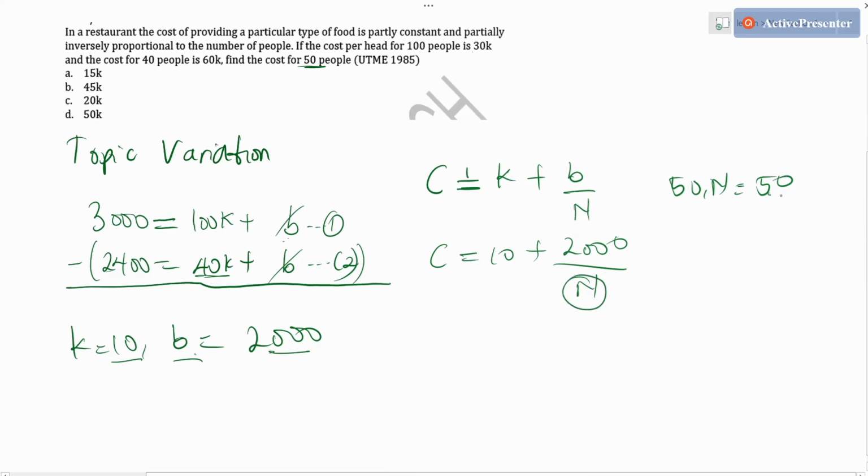Now they said find the cost for 50 people. So 50 people means n is 50. So I'll replace this n here with 50, and the cost is 10 plus 2000 all over 50. So this gives us, guys, 50 goes in 2000, that gives us 400. So the cost will be 10 plus 400.